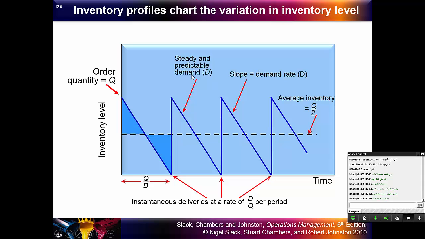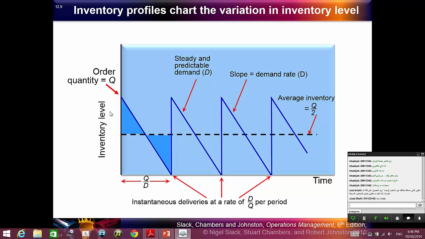So in EOQ, the Q means the quantity, the number of stocks ordered every time. Every time we order Q number of stocks. And D means the yearly demand, the demand that we know exactly will happen until the end of the year.